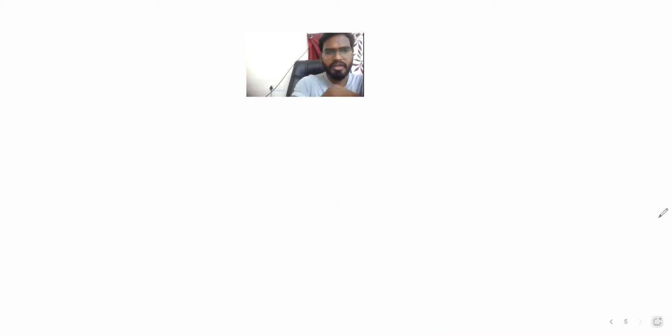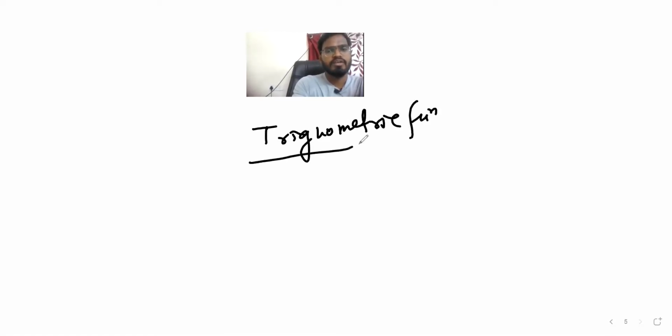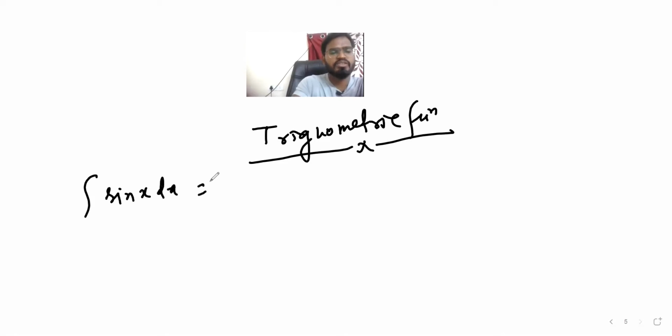Let's see now some trigonometric functions. If you see, there we had done just the opposite of that. So sine x dx integration is going to be, there it was cos x, here it is minus cos x plus c.